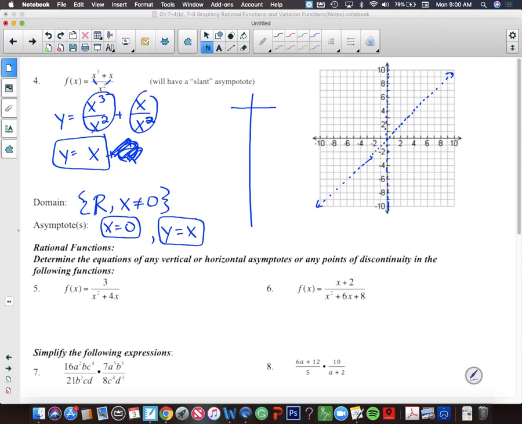Since our asymptote is x equals 0, you probably want 1, 2, 3, 4, 5. I'm going to do a little bit closer on this one. Okay, I'm going to start at negative 0.5. And then I'm going to start at positive 0.5. And then here are your values just for checking.